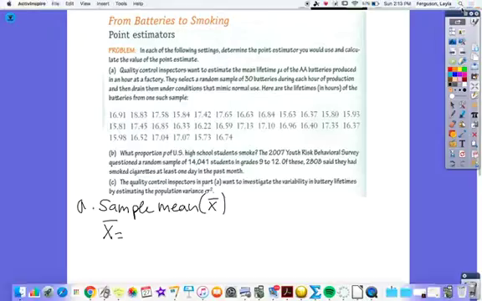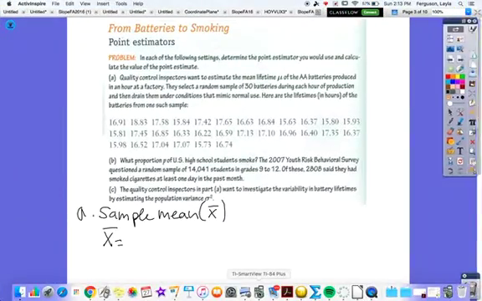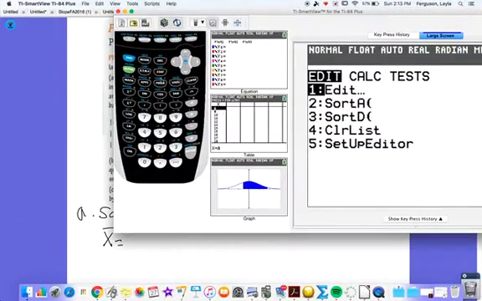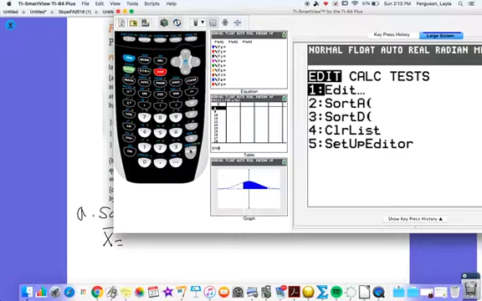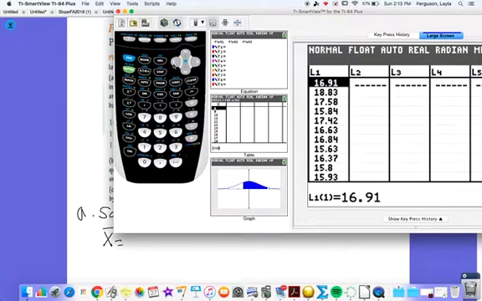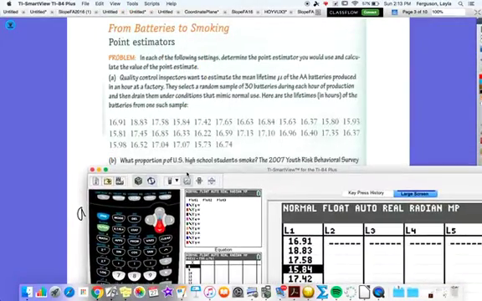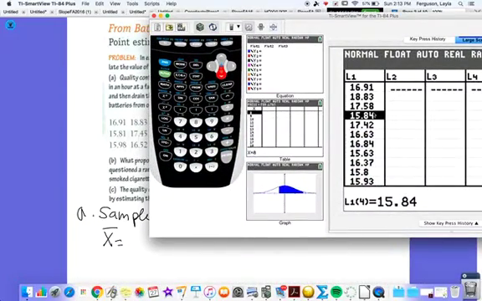The fastest way to do this is on the calculator, and I've already done part of the hard work for you. To do this on the calculator, you would go to Stat, go to Edit, and put all of your information into L1. I've already put all of the lifetimes in hours in our calculator.